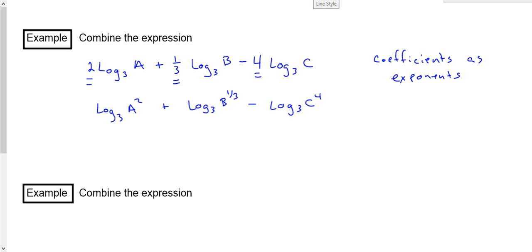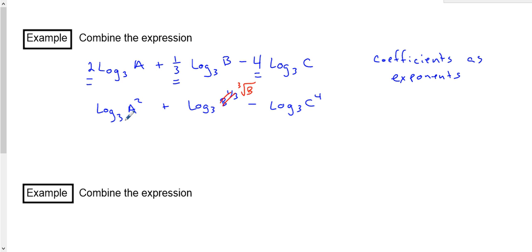And the b to the 1/3 is the same thing as the cube root of b. So I'm going to write that in there, because I'm running out of room here.